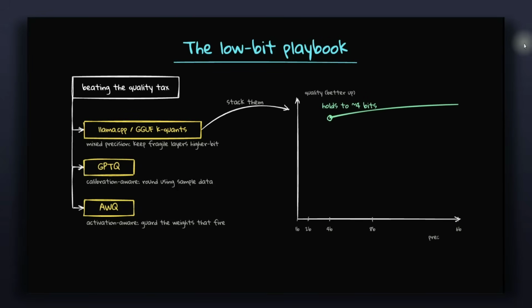Now, if you stack all of these tricks together, the quality curve holds beautifully for quantization all the way down to 4 bits, which is kind of incredible. But if you try to quantize further to say 2-bit or 1-bit, the degradation is catastrophic.